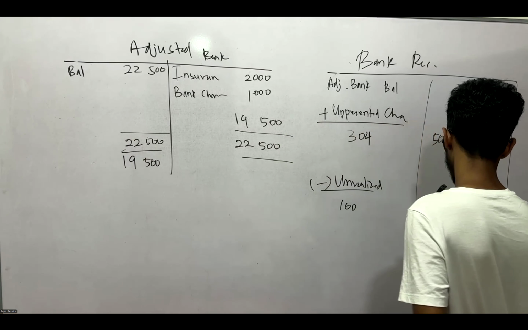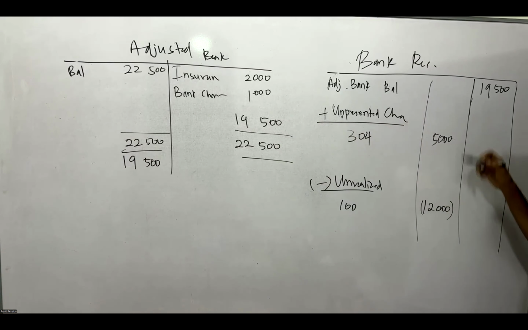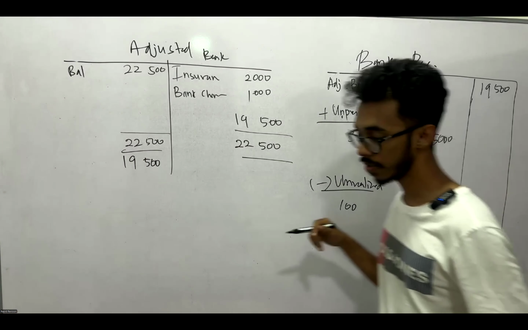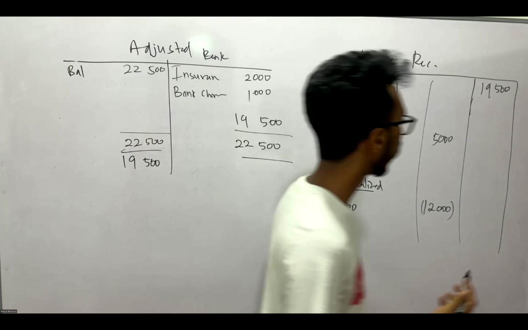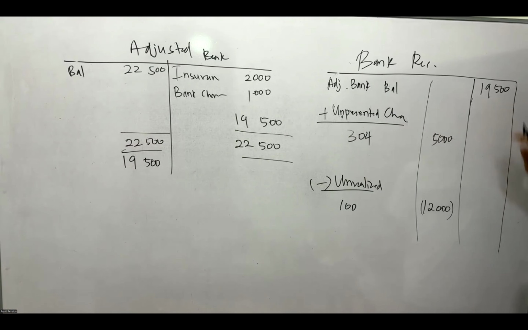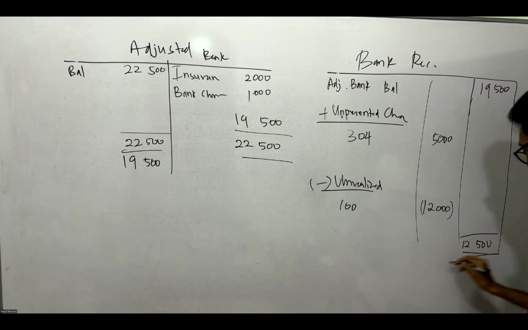Now, when you deduct this, the net is minus 7,000, right? So we have to deduct 7,000 from this 19,500. When you deduct 7,000 from 19,500, that becomes 12,500.